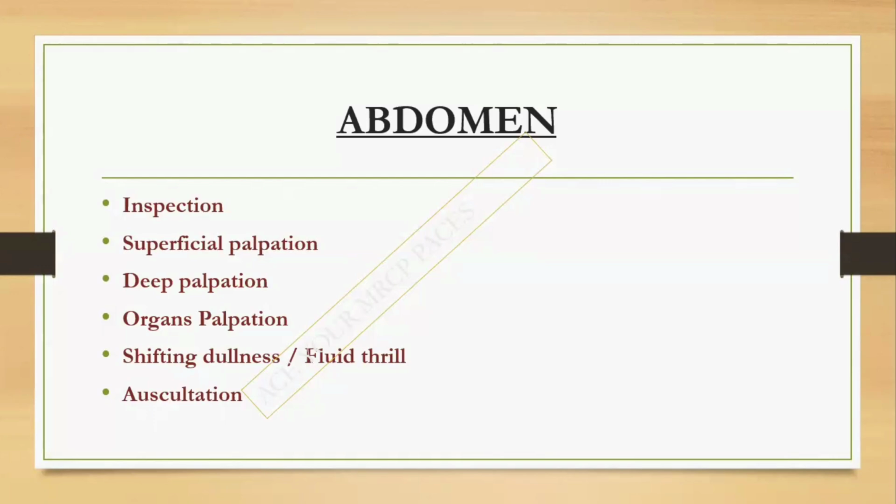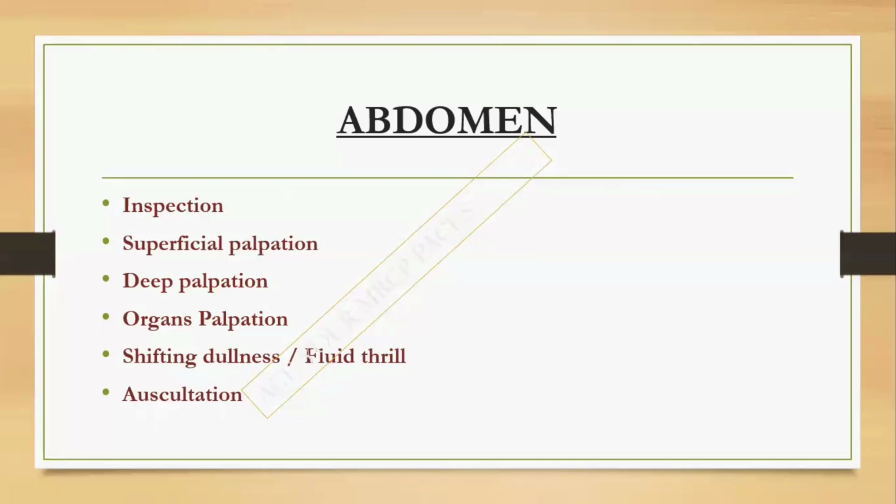Then you will check for specific organ palpation. You will examine for hepatomegaly, you will examine for splenomegaly, as well as any ballotable mass in the flank. Then you will move towards the next step of examination, that is the shifting dullness. If it is massive ascites, then you will not perform shifting dullness.